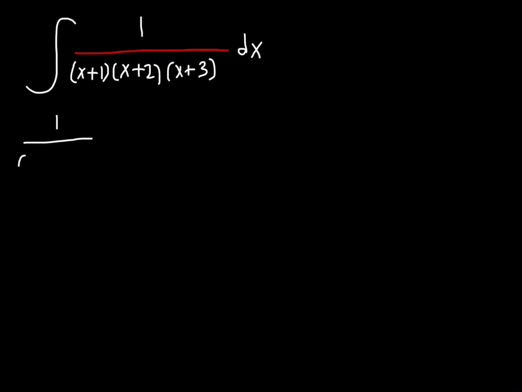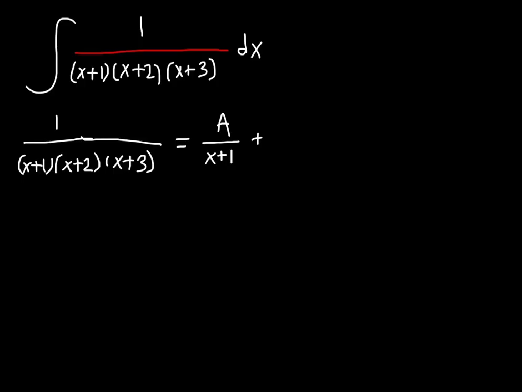So 1 over (x + 1)(x + 2)(x + 3) is equal to A over (x + 1) plus B over (x + 2) plus C over (x + 3).